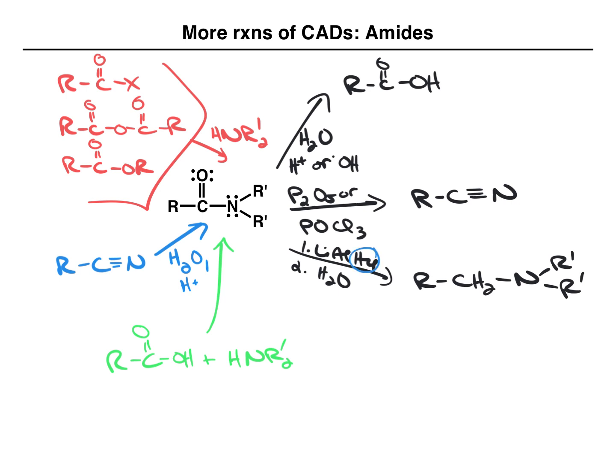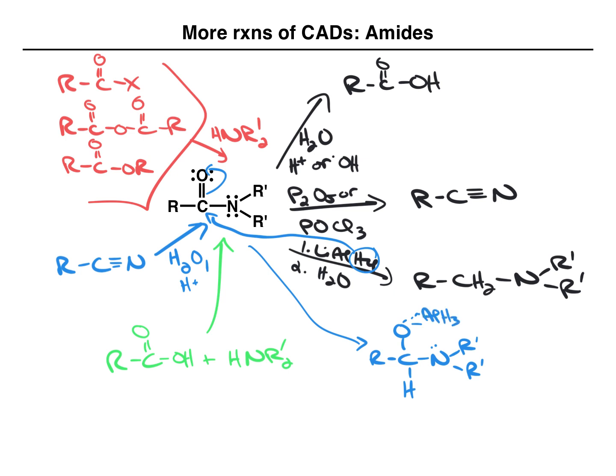So using lithium aluminum hydride, remember this is a source of hydride, so this can share its electrons with the carbonyl carbon, push these electrons up onto the oxygen, giving us as an intermediate something that looks like this, where this oxygen is going to be complexed with aluminum trihydride. Next, the nitrogen can share its electrons here, pushing away oxygen, which is going to be complexed with the aluminum, giving an iminium ion that looks like this.